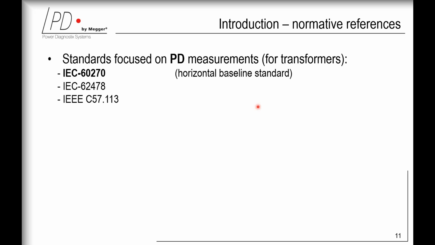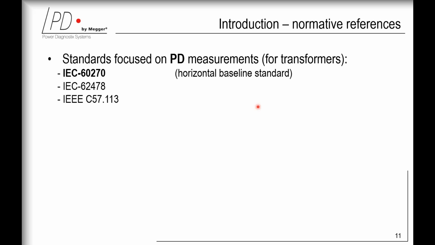On the opposite, the IEC 62478 focuses on non-conventional PD testing, so either acoustic or electric measurements with antenna-type sensors and varying frequency ranges, namely UHF or similar.